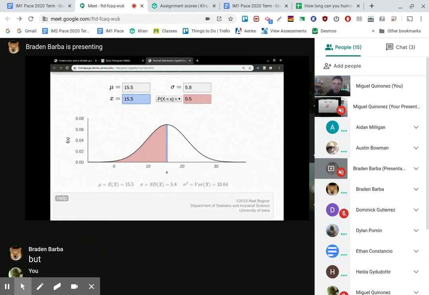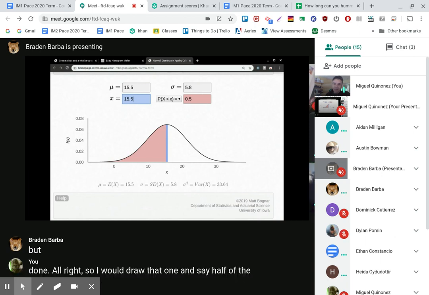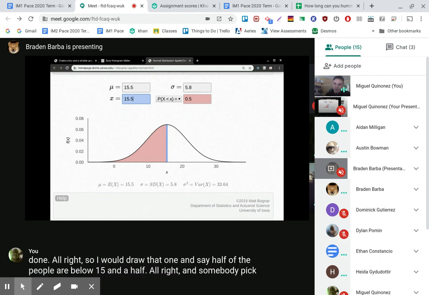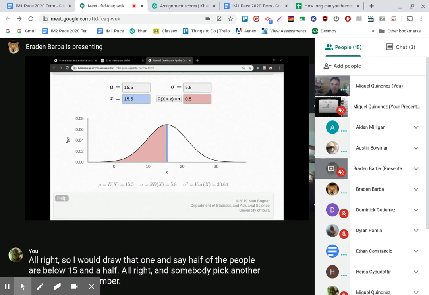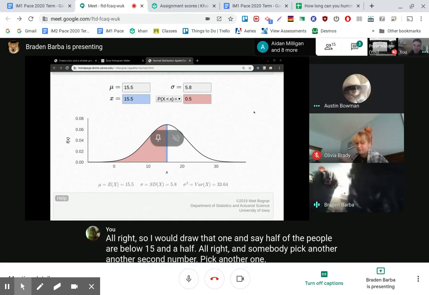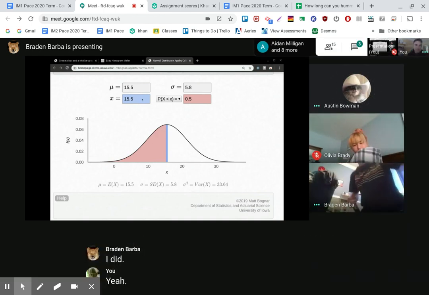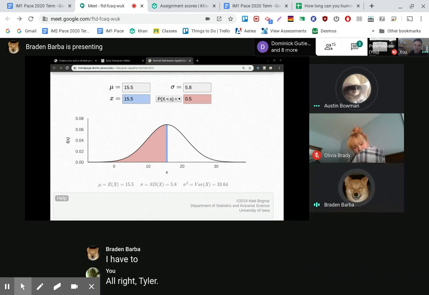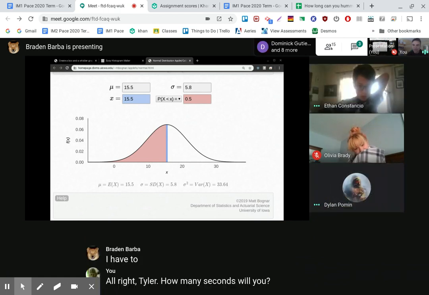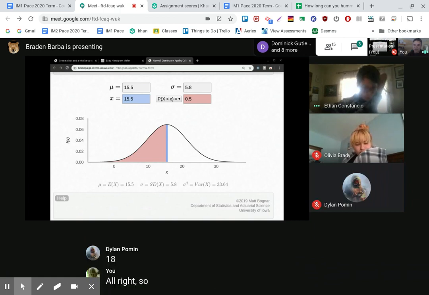So I would draw that one and say half of the people are below 15 and a half. Somebody pick another second number. Tyler, how many seconds were you able to hum? 18. All right, so change the X to 18.